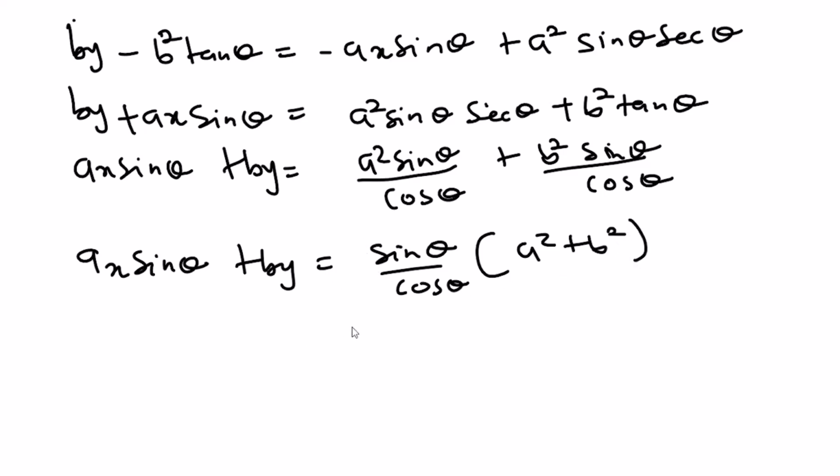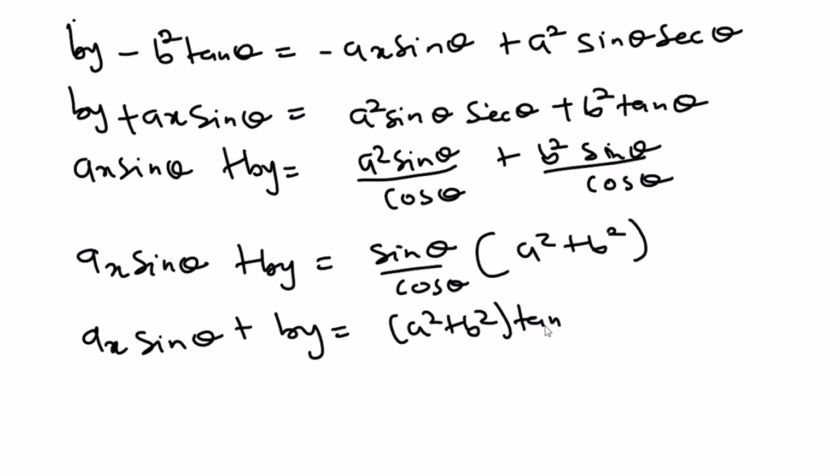But sine theta on cos theta is the same as tan. We have ax sine theta plus by being equal to a squared plus b squared tan theta.